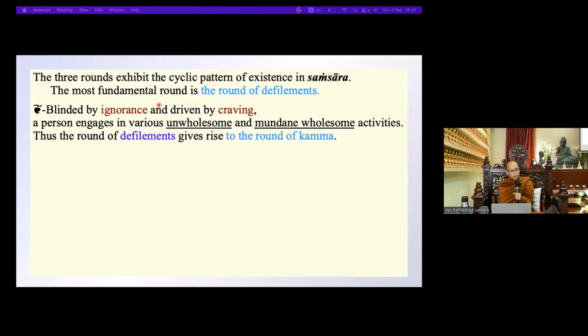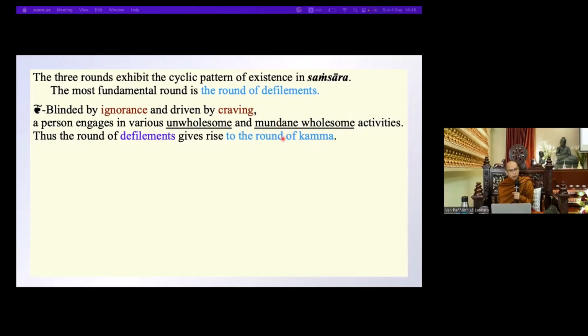Under the influence of these two factors, the person engages in different ways of unwholesome and mundane wholesome activity, that is, akusala and lokiya kusala. The volitions with these unwholesome and mundane wholesome altogether, 29, are considered as karma.